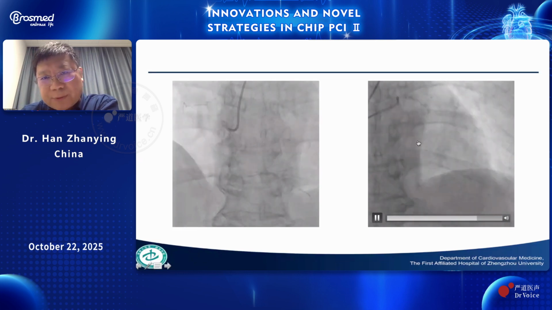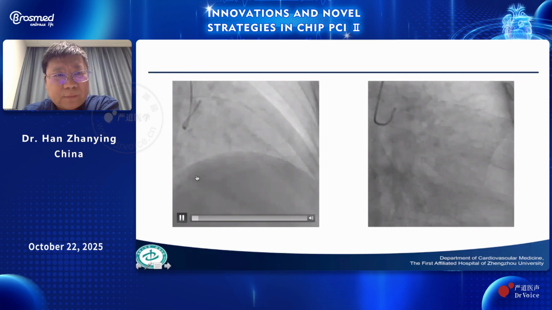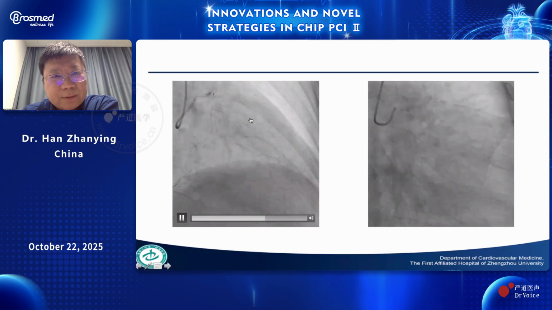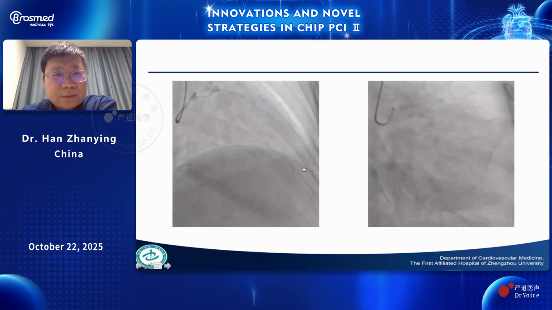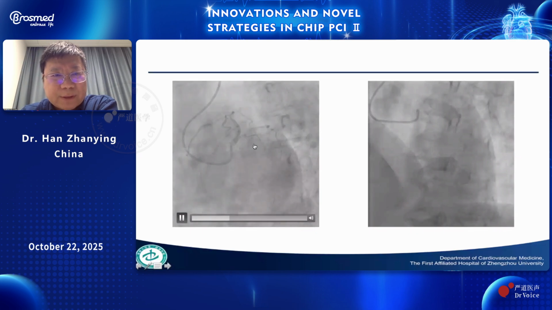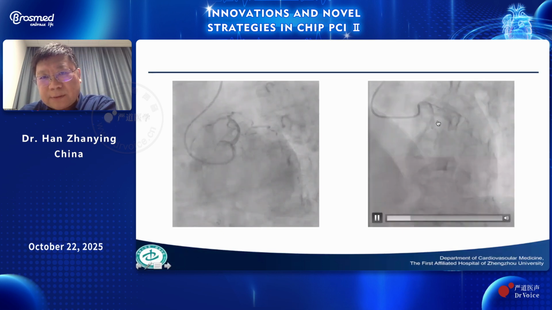The left coronary artery shows diffuse calcification lesions at the proximal A1, and this one is a long lesion. The circumflex is totally occluded too. You can see the orifice of the circumflex has very serious stenosis.